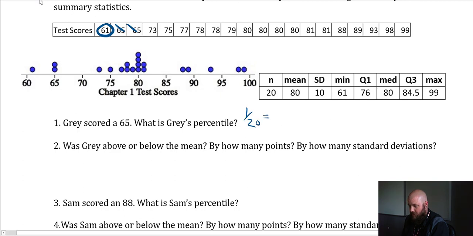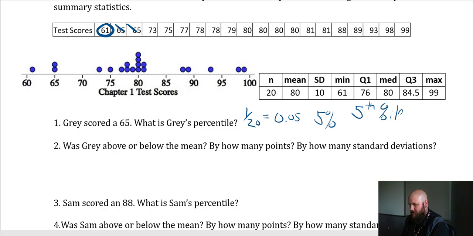Okay, and that's going to give us 0.05 or 5%. We're saying that Gray is in the 5th percentile, right?